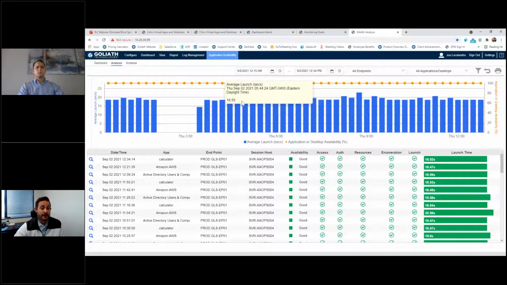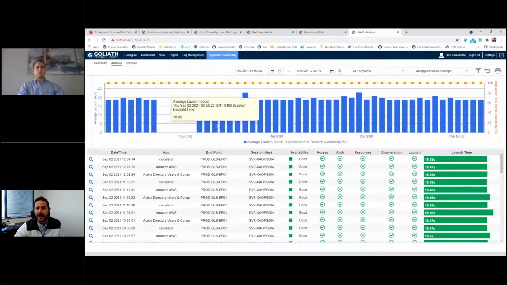And you can see all of those proactive logons right here from this analysis tab. You can see how long each launch took at the top. On the bottom, you can see each individual launch, the time, the resource, the endpoint or location that this launch was coming from, and ultimately whether the launch was successful or failed.